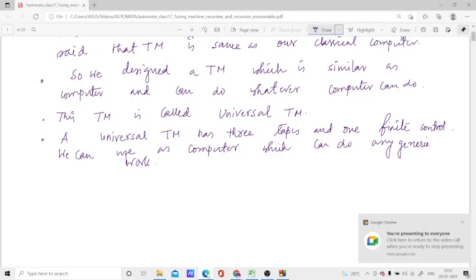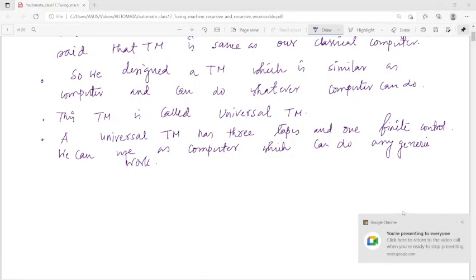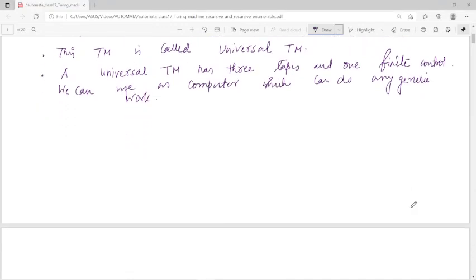Now, what is a universal Turing machine? In the case of a universal Turing machine, this is the corresponding finite control, and this is a tape. The universal Turing machine has three tapes.